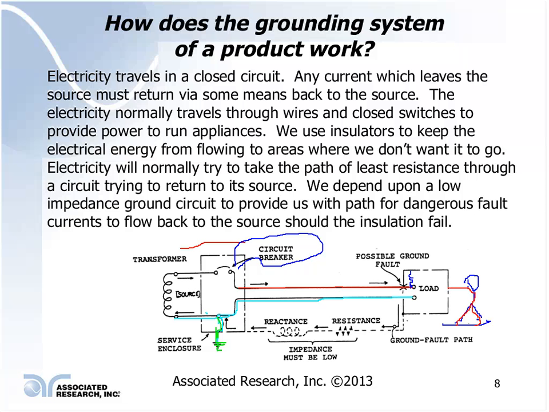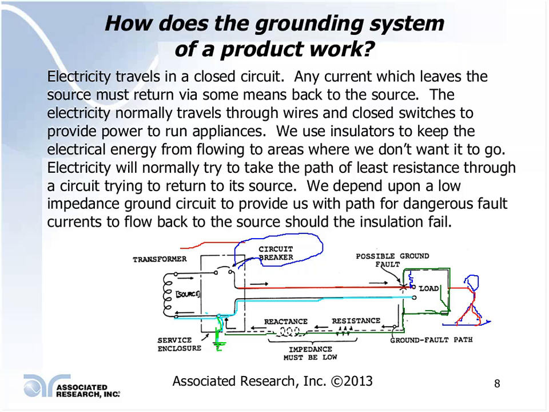Okay. This ground circuit that we have in our product is designed to provide a low impedance path for this current to flow back to earth, and it takes the enclosure of that product and ties it back to ground. Okay, this whole enclosure.